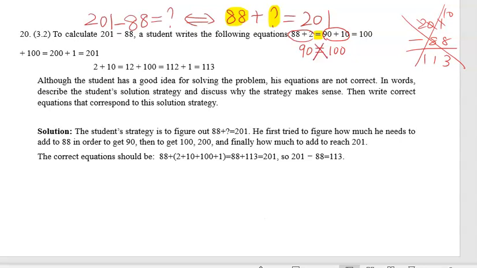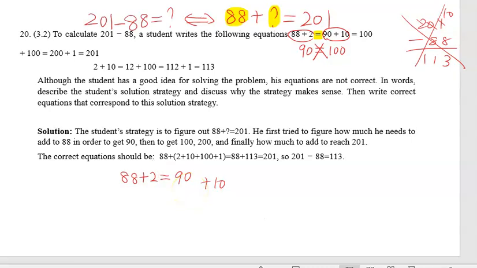So the problem is 88 plus 2 is equal to 90, but we cannot add more numbers after this at the end of the equation, because right now both sides of the equal sign are equal. If you add something more, you're going to make the right side bigger, so they're not going to be equal anymore.